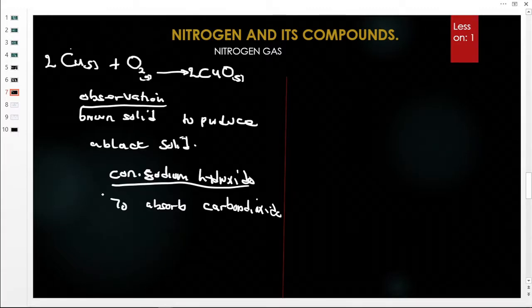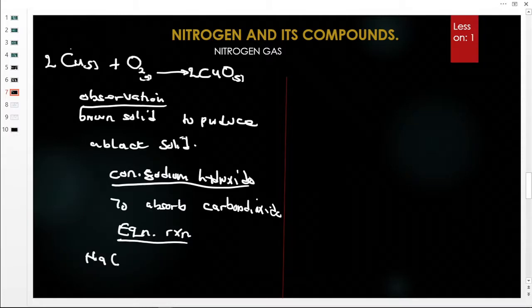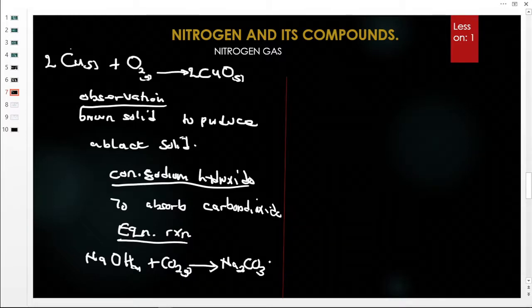Then let us see the equation for the reaction. We are having sodium hydroxide. This is sodium, then hydroxide, they are all in valence 1. This is aqueous. Then it's going to combine with carbon dioxide, which is a gas, and it's going to produce sodium carbonate plus water.